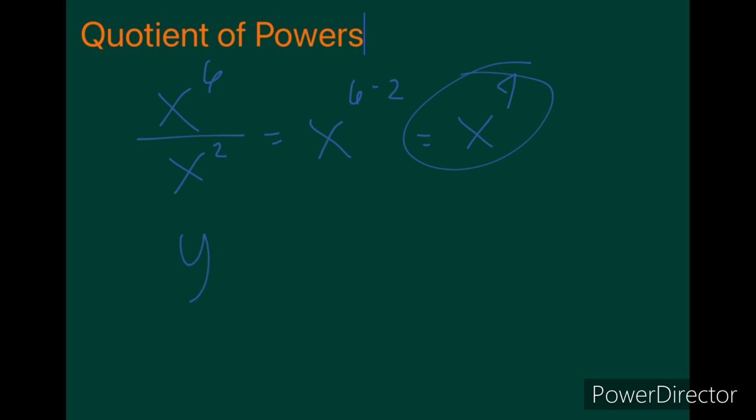Next, if you have y raised to 10 over y raised to 6, you just simply copy the base again, then 10 minus 6 is equal to y raised to 4. So that is the quotient of powers.